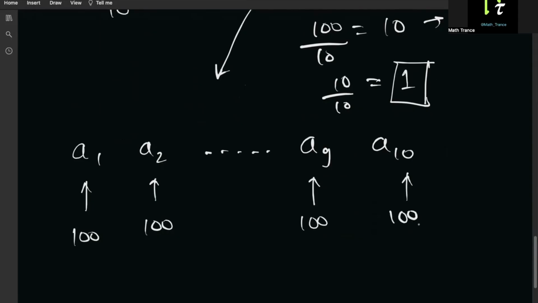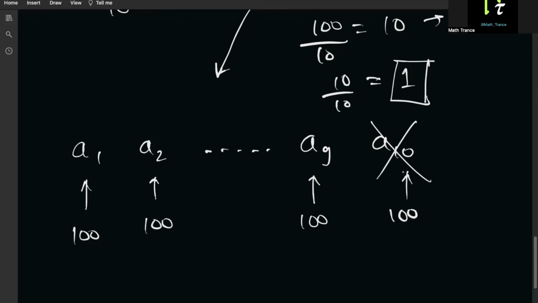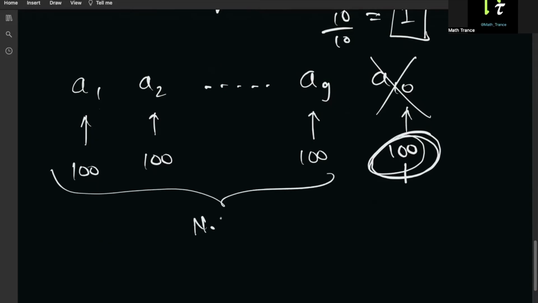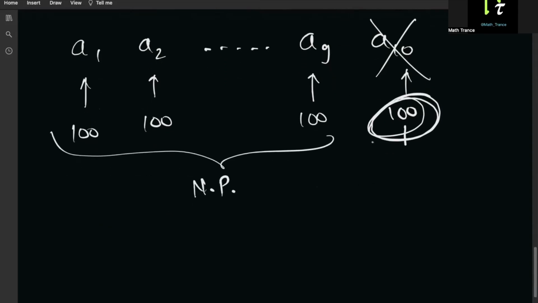Now, without loss of generality, we can assume that the 10th rat dies. That means the poisoned bottle was in this 100 group, and one among these was poisoned.